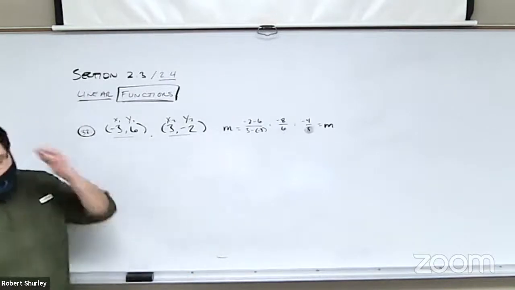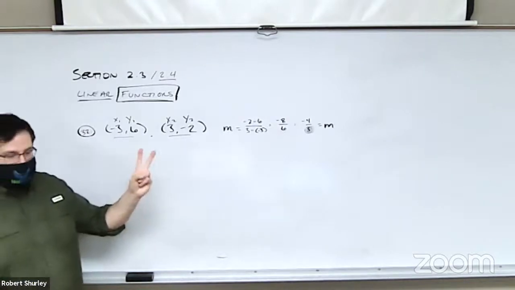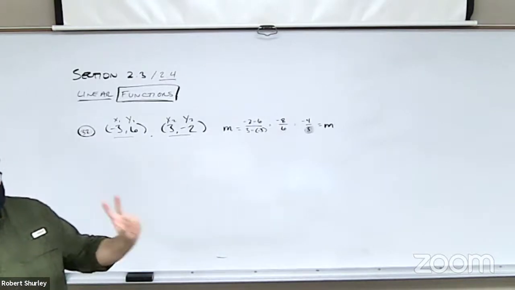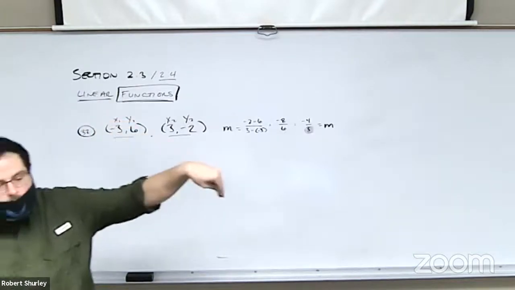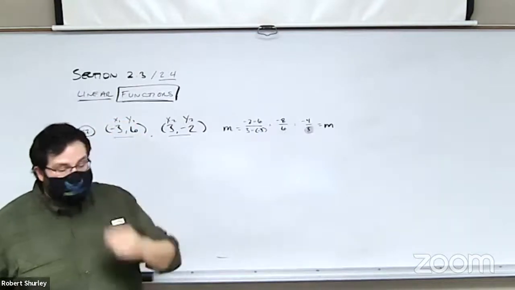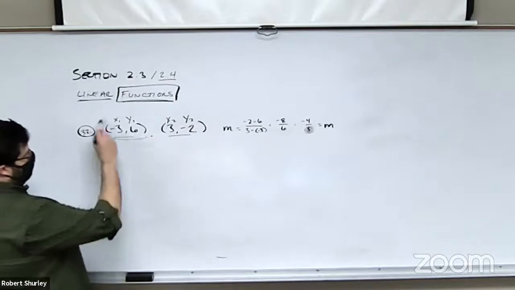Now, it does not matter which point you choose. I don't know if the book gives you both answers for this, but there are really 2 correct answers for point slope form because it's going to look different for either one of them. But it all winds up in the same slope intercept form. I'm just going to choose the first one.